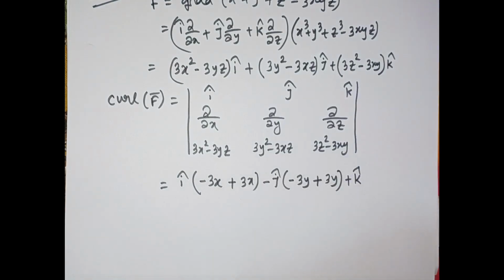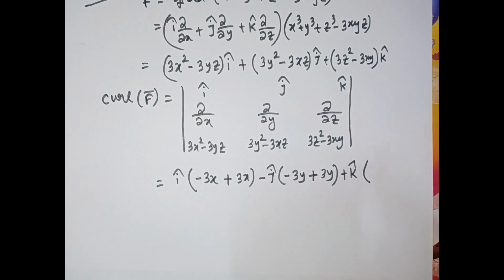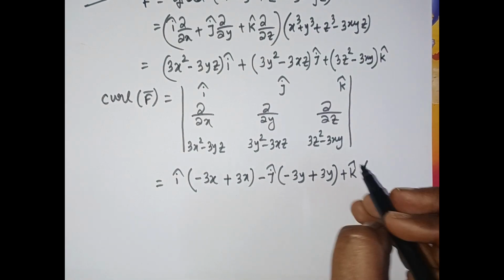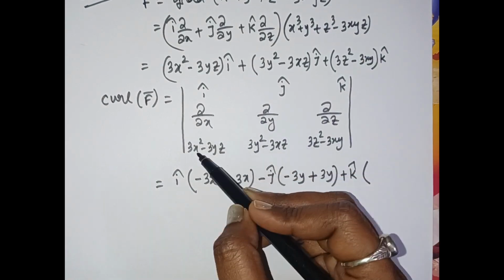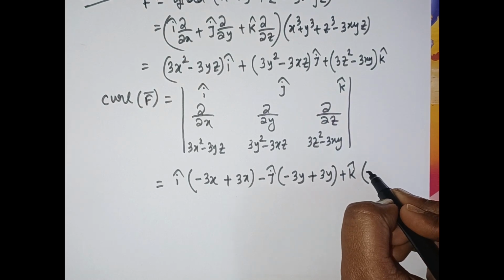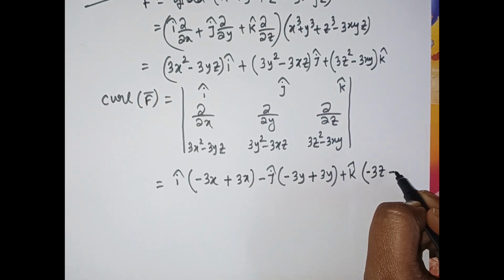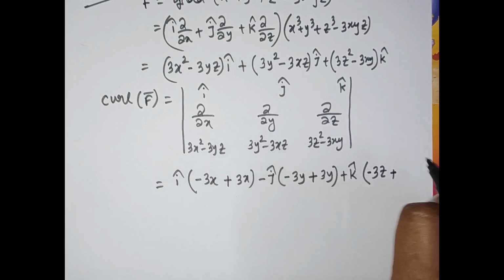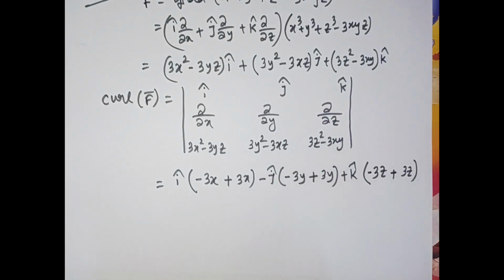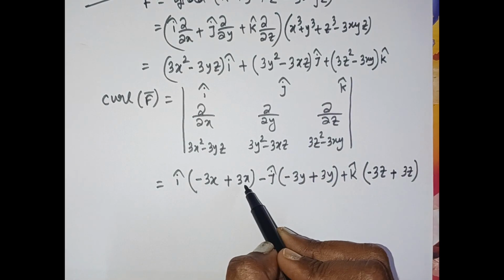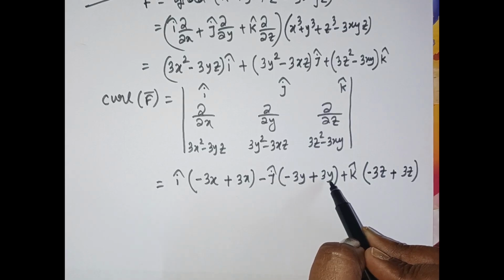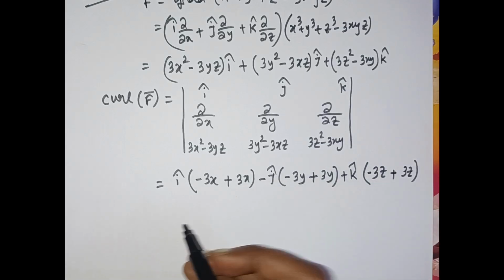This is a simple determinant calculation, you all can do this. k cap, this one minus this one, so this is minus 3z plus 3z. Then you can see that minus 3x plus 3x cancels out, minus 3y plus 3y cancels out, minus 3z plus 3z cancels out.